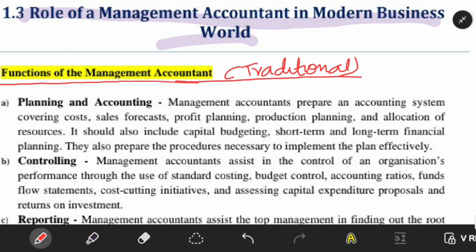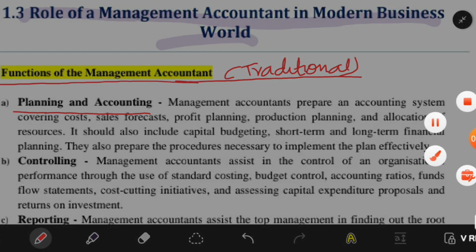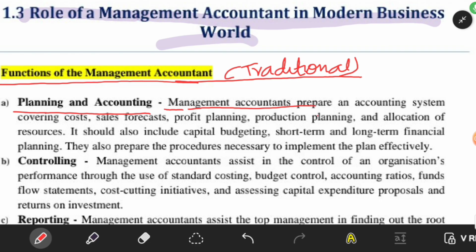So the basic internal role of the management accountant in any business, the first point, is planning and accounting. The management accountant prepares an accounting system covering cost, sales, forecast, profit planning and production planning and allocation of resources. That is, the management accountant helps the business to plan for the future.